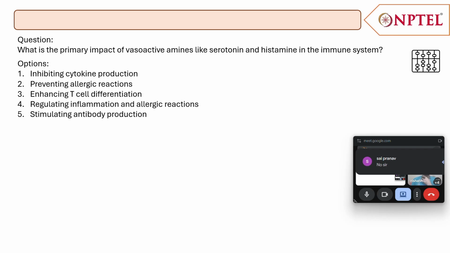What is the primary impact of vasoactive amines like serotonin and histamine in the immune system?